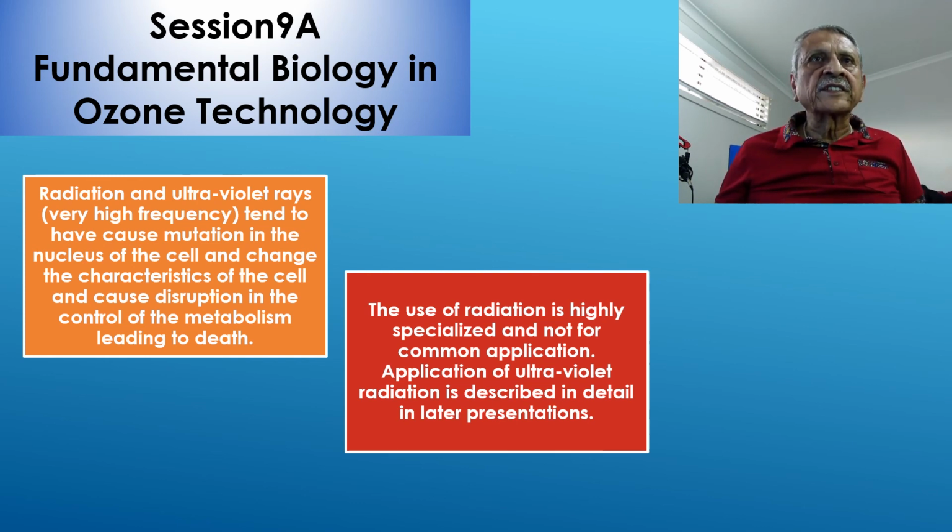They tend to have a very similar effect as ozone in the mutation of the nucleus of the cell and cause disruption in the control of the metabolism and cause death. Application of ultraviolet radiation is described in detail in later presentations.